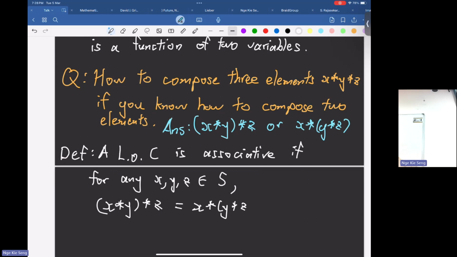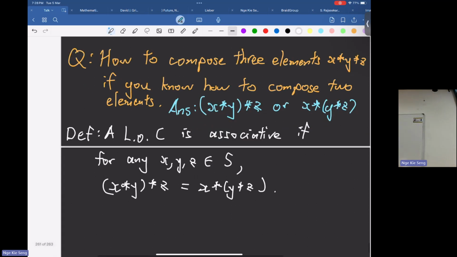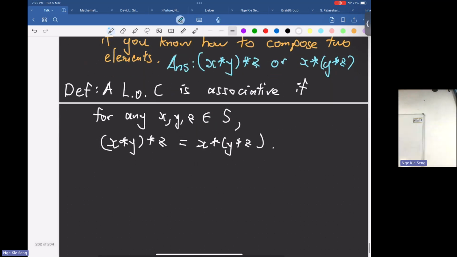This is associative. So you could imagine there's a non-associative law of composition, but usually what we do with numbers, they are associative. When you add numbers, when you multiply numbers, usually they are associative. There's no order for you to worry about when you do addition or multiplication of numbers.